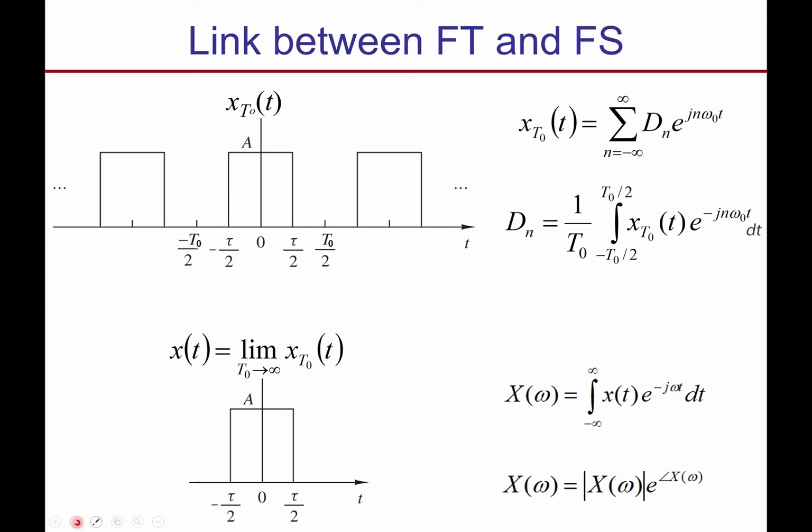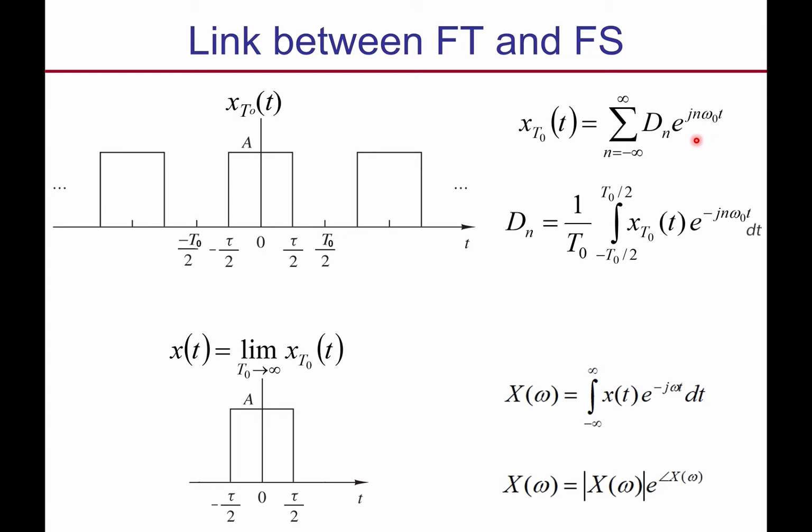So let's now look at the relationship between the Fourier transform and the Fourier series we learned in an earlier chapter. Fourier series deals with periodic signals. So you have this periodic signal, and the period is T0. And we learned that we can represent any periodic signal as a linear sum of exponentials.